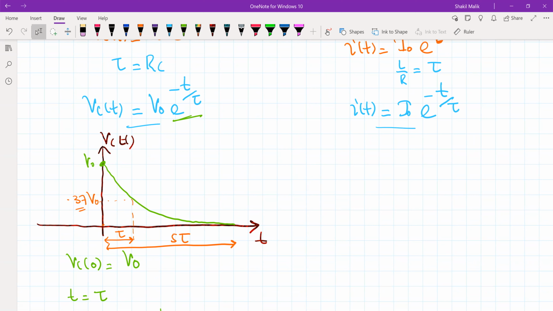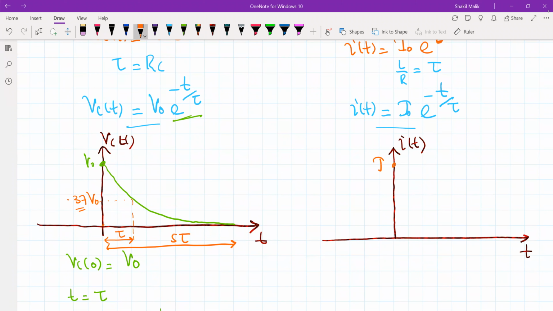Same way, if we plot the inductor current, means the source-free inductor current, when there is no source connected in this RL network, and we are assuming only that this is having some initial value I naught.